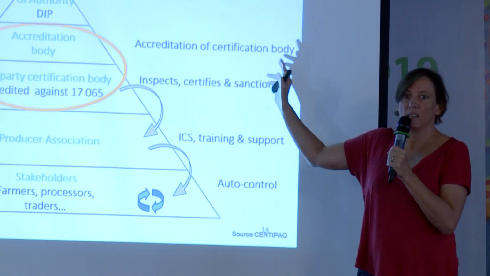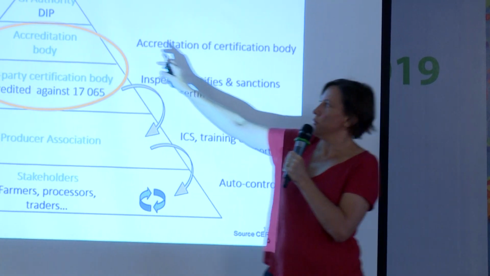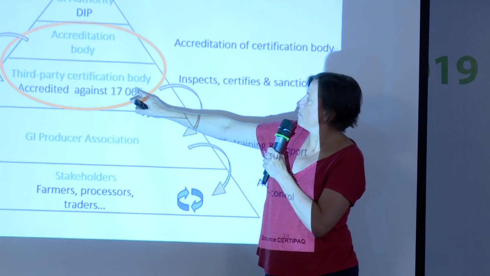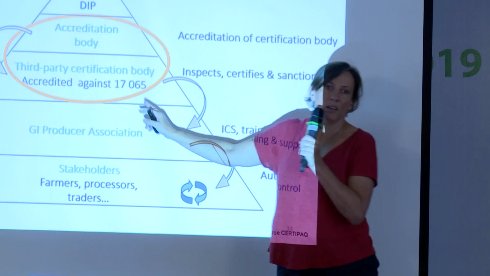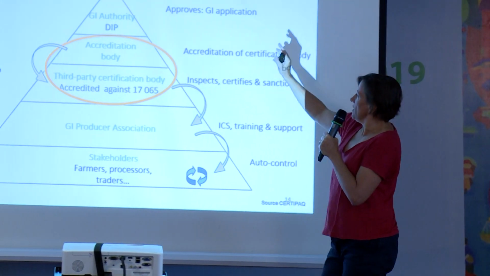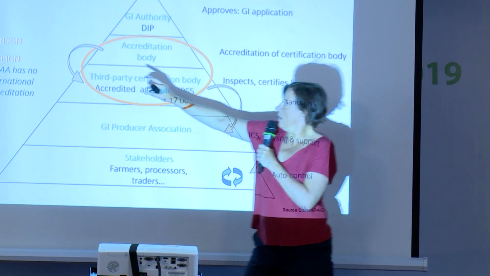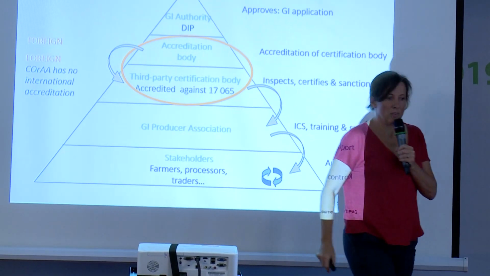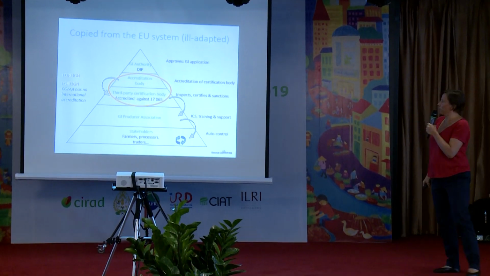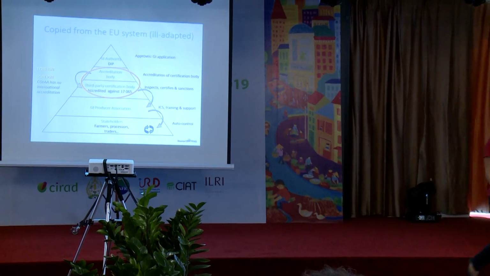The thing is that in Cambodia, there is no national accreditation body and no third-party certification body that is accredited against ISO 17065, meaning that this is foreign and this is foreign. And so it's very costly for the producers to have this foreign certification of their products.